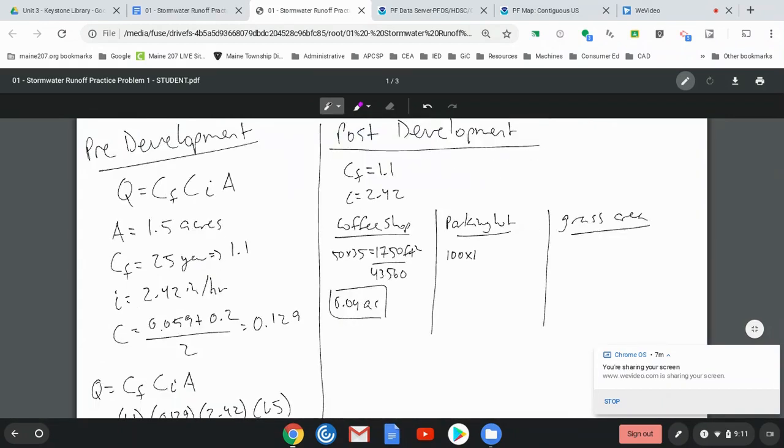That turns out to be 12,000, sorry. Let's try that one. Okay. And divide that again by 43,560, and you get about 0.27 acres.